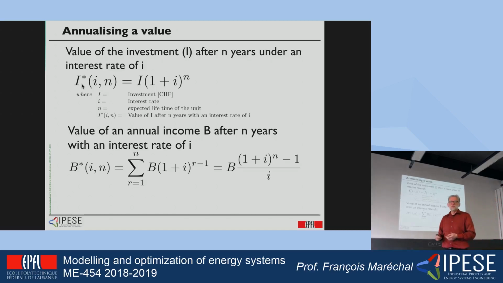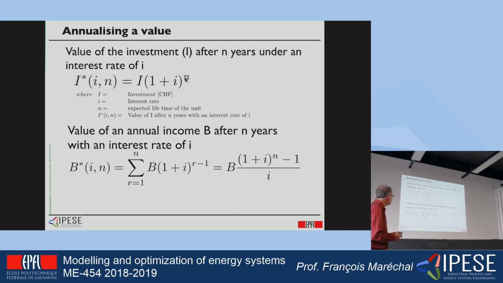Which means that if I'm a financial person, I'm going to give a certain amount of money as capital, and I will expect a certain interest rate over a certain number of years, which is the n years, the number of years during which I will not have my money back because the money is placed in an equipment.